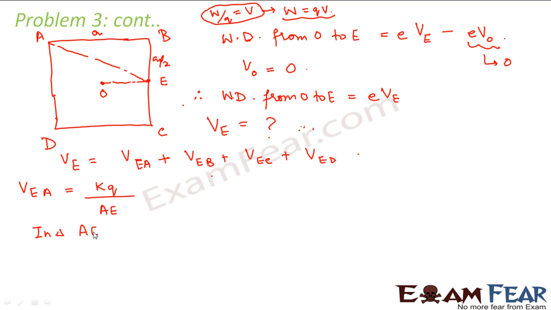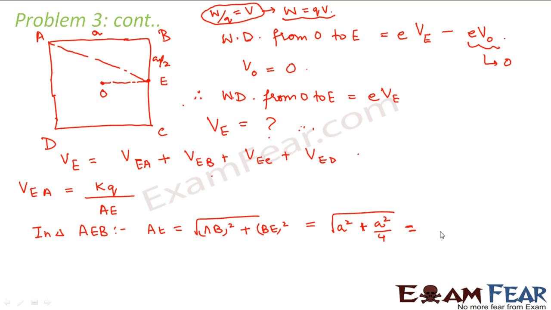In triangle AEB, we can say that AE, that is the hypotenuse, is equal to root over AB square plus BE square. Right? So this will be equal to root over A square plus A by 2 whole square, that is A square by 4.